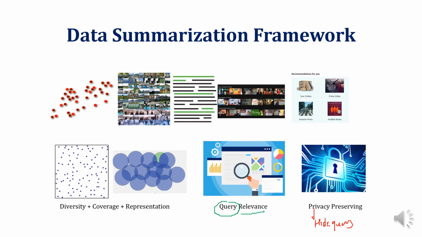Often you want to bias the summary based on some query, so you want elements to be relevant to the query. You may also want privacy preserving summaries, in which case you want to hide the query.